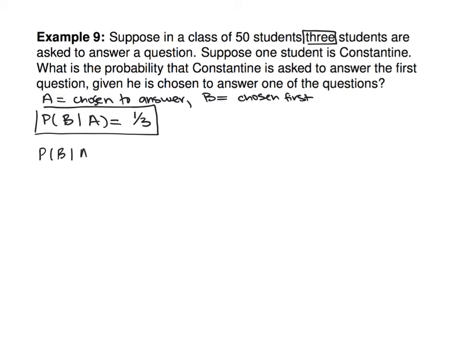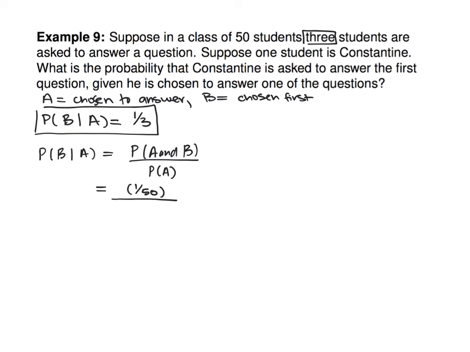So P of B given A is the probability of A and B over probability of A. The probability of A and B is that he's chosen to answer and he's chosen first. Well, only one person out of all those 50 people is chosen to answer and is first. So that happens with 1 out of 50 probability.